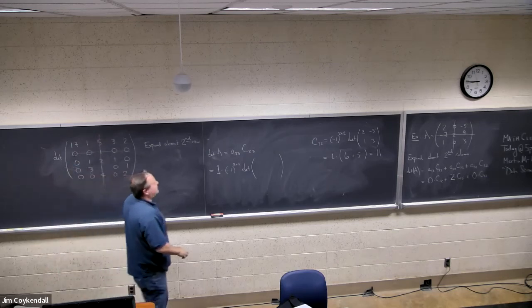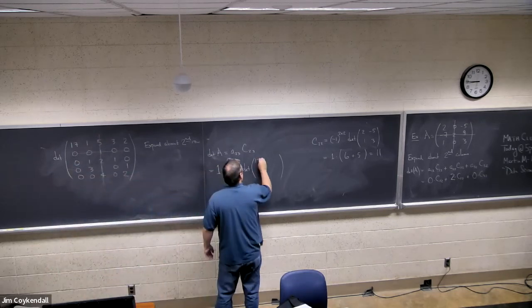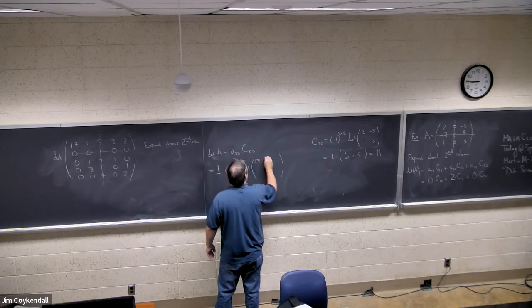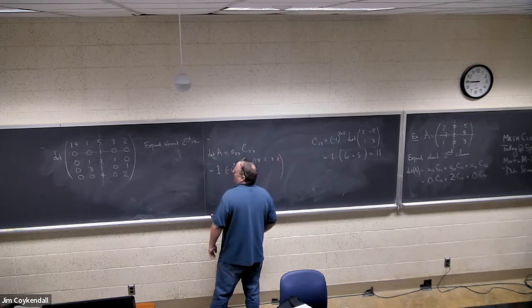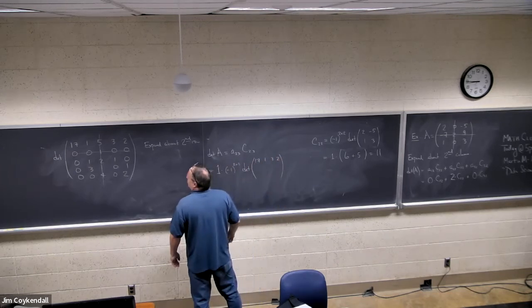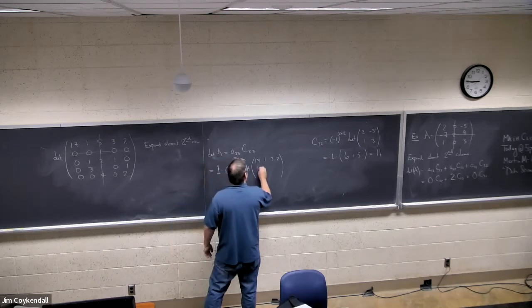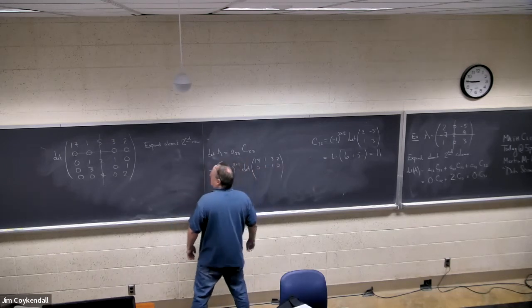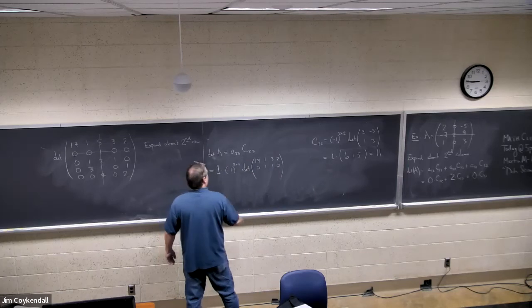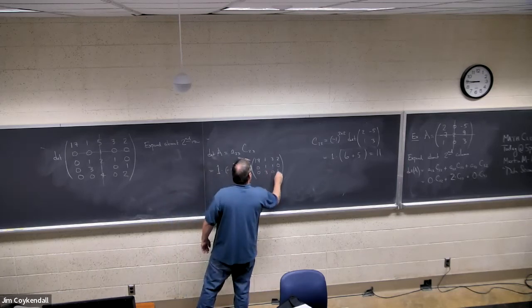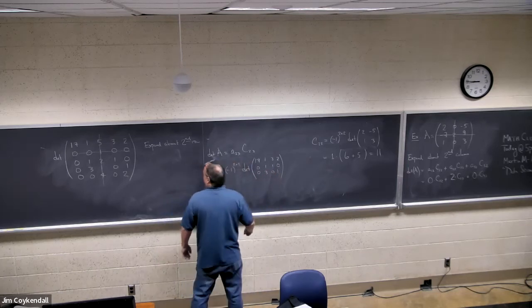That's going to be 7, 1, 3, 2; 0, 1, 1, 0; 0, 3, 0, 1; and 0, 0, 0, 2.